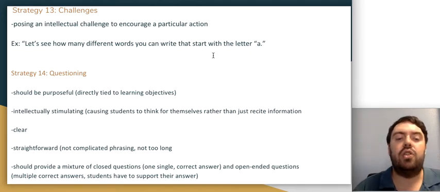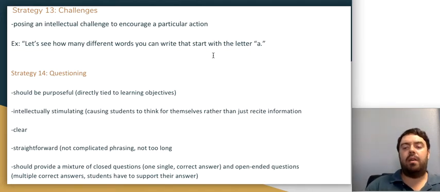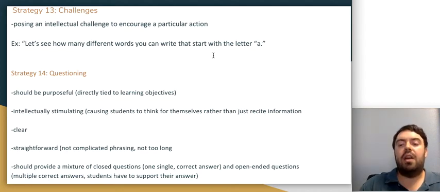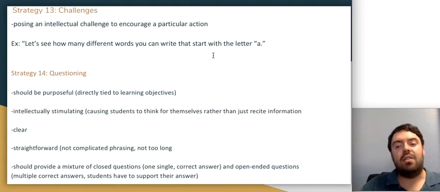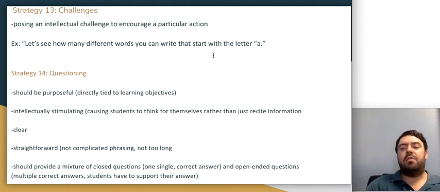The 14th strategy is questioning, and I think you've probably had plenty of exposure to this as a student and also in your ed classes. But basically, you should pose a variety of questions to students. They shouldn't just be simple, one-word, straightforward answers, like, who was the first president of the United States? Yes, that's an important question to ask students, but those should not be all the types of questions you have.